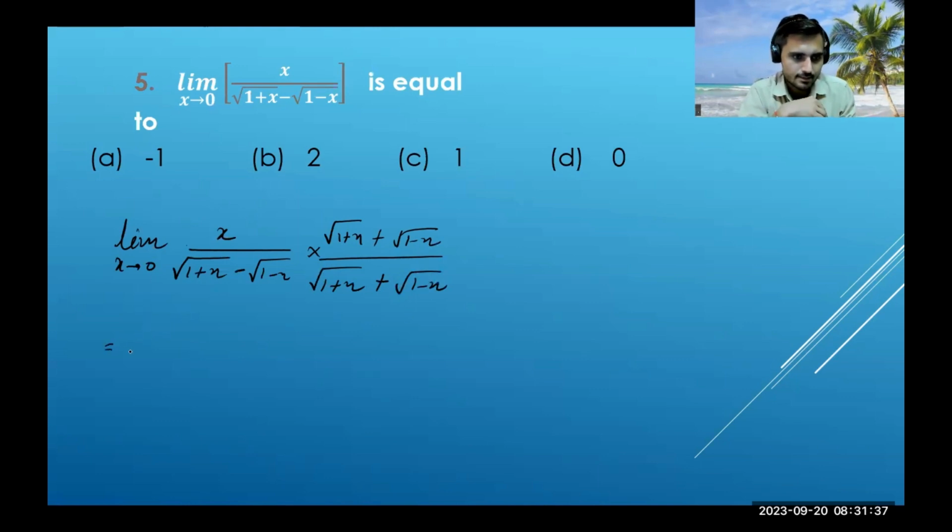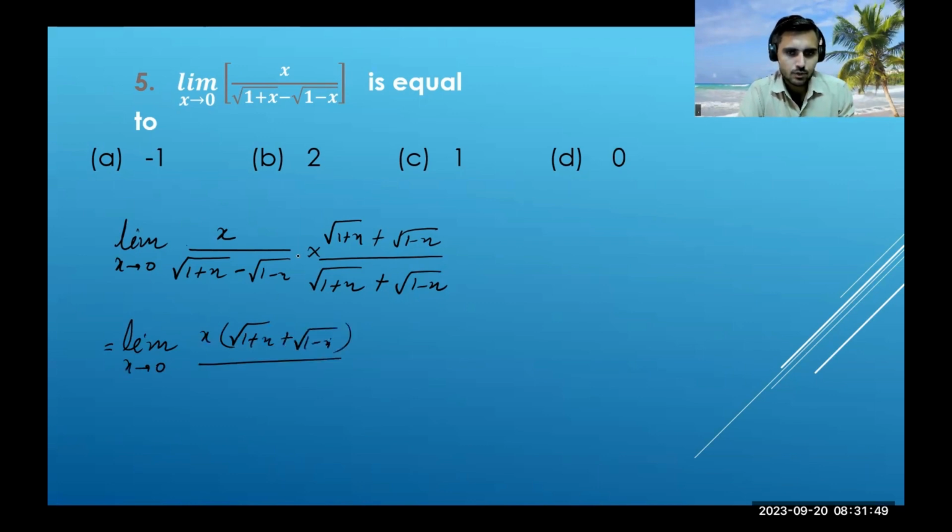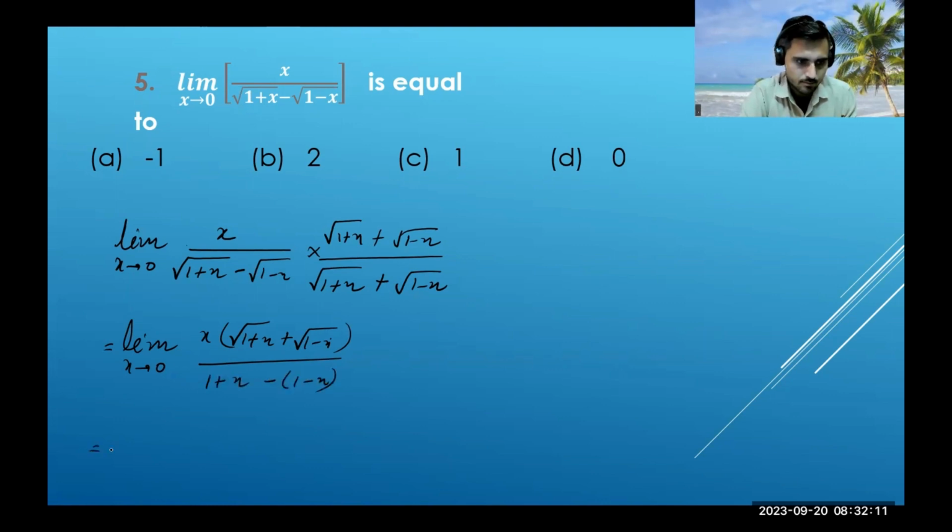And now we'll write here limit x tends to 0 and the numerator 1 plus x minus 1 minus x upon. It is a minus b into a plus b, that is the algebraic identity, which is a square minus b square. So the square root of 1 plus x will become 1 plus x, and minus 1 minus x, a square minus b square.